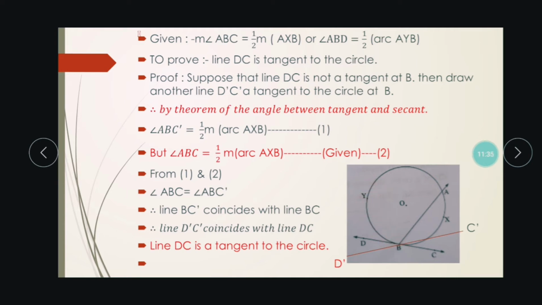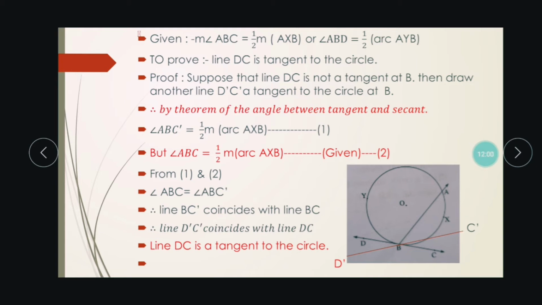And we have to prove that DC is the tangent to the circle. As I have told you, it is an indirect proof, so we go with the statement that whatever is to be proven is not there. So we have to prove that DC is the tangent. So we'll suppose that DC is not the tangent at point B.